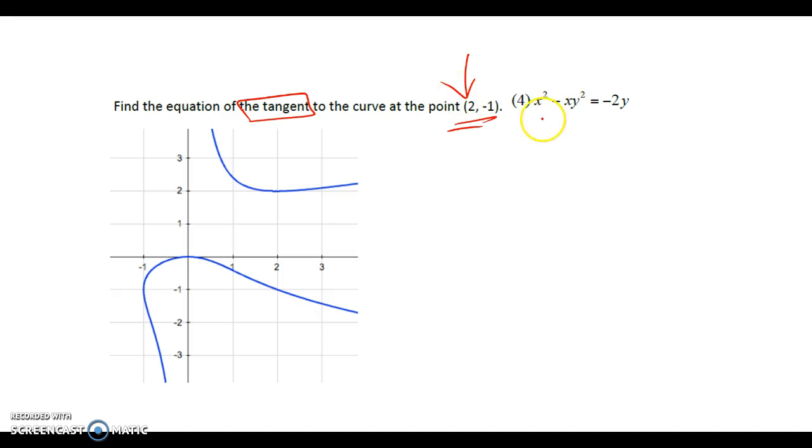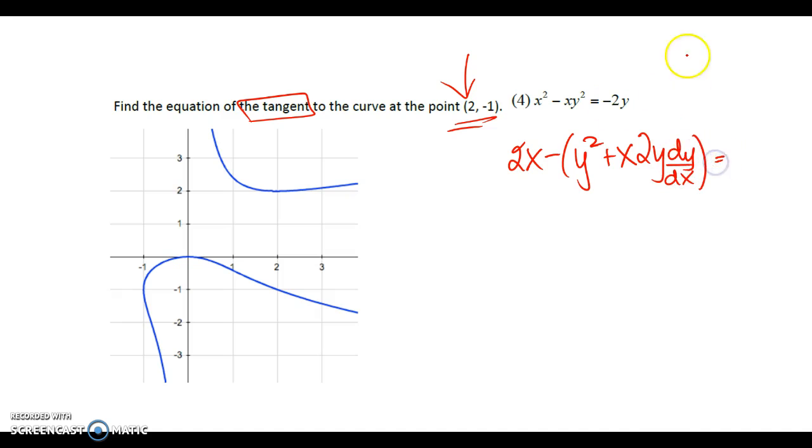Again, derivative with respect to x. So that would be 2x. All right, now I have to do a product rule here, don't I? The derivative of x is 1 times y squared, so f prime g, plus f times g prime, which is 2y dy/dx, equals minus 2 dy/dx.